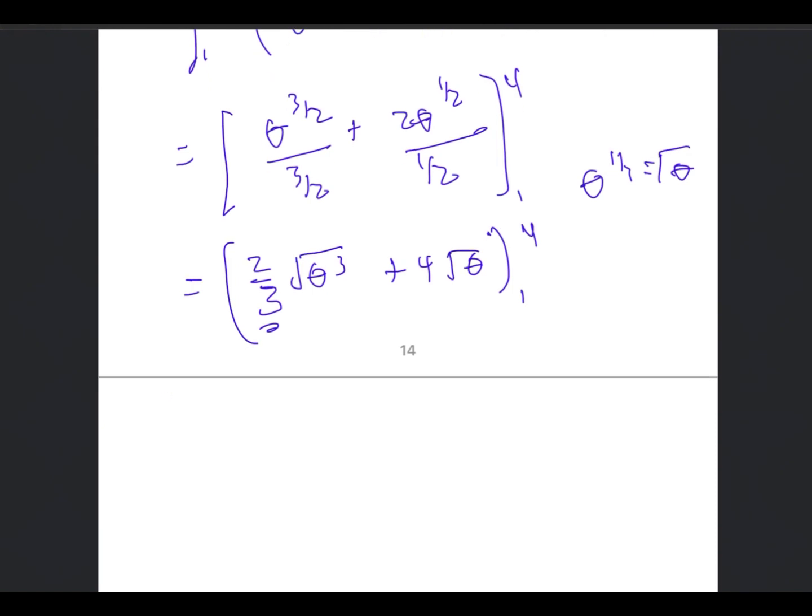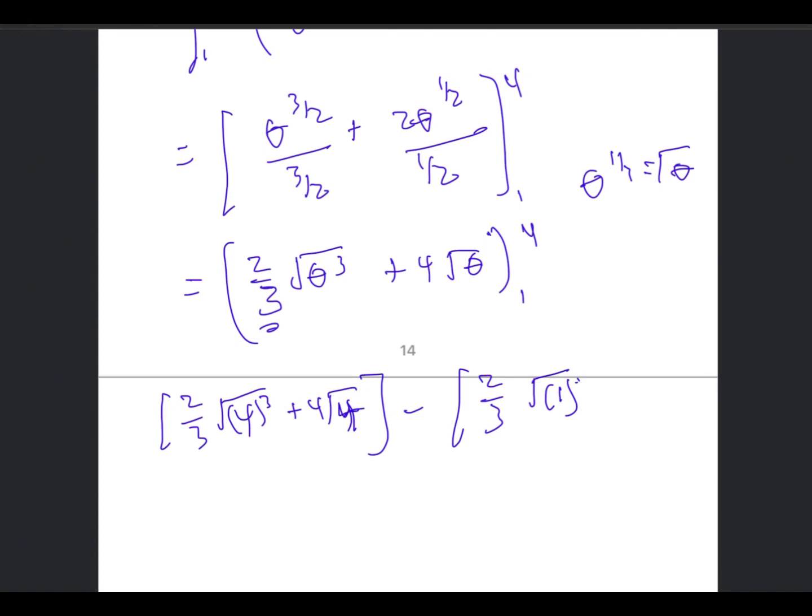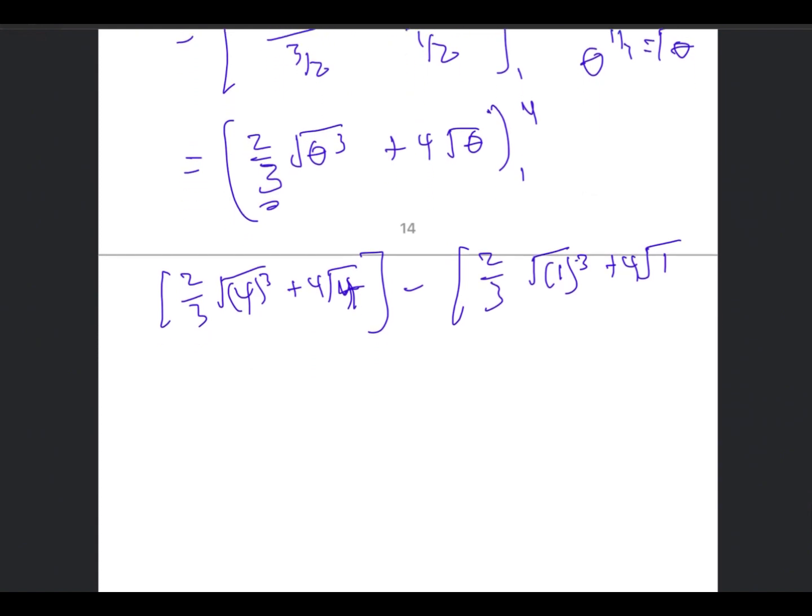So when you evaluate it, you are going to get 2 over 3 square root of 4 all power 3, because of the upper limit, plus 4 square root of 4. So these are upper limits, and then minus the lower limit, which is 2 over 3 square root of 1 all power 3 plus 4 square root of 1.